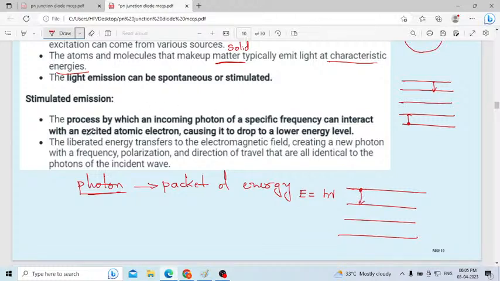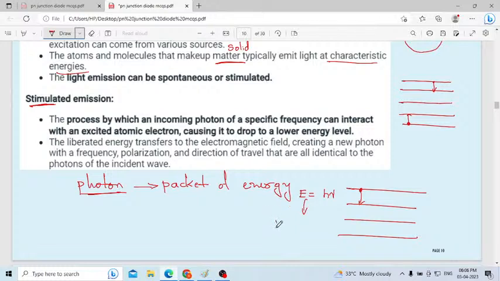That one only they are telling, stimulated emission itself. The electron itself will not come to the lower energy level. We have to stimulate, we have to give the energy. Stimulate is giving the energy, otherwise initiating, anything you can consider. The process by which an incoming photon, yes, you are giving the energy in the form of a photon.